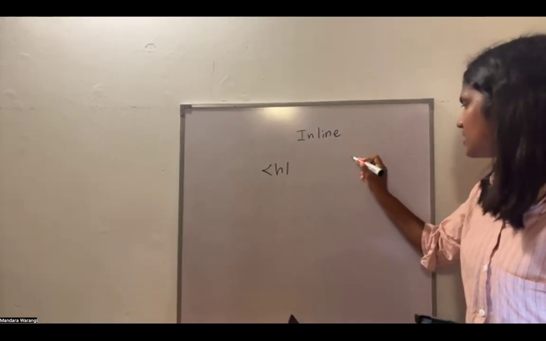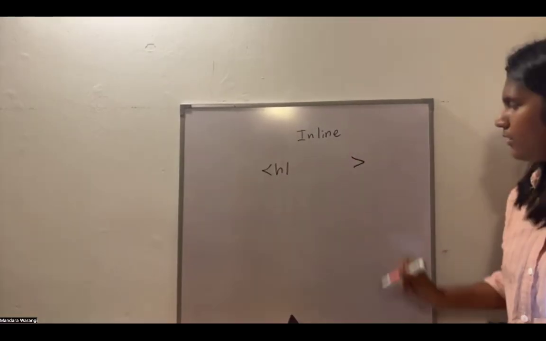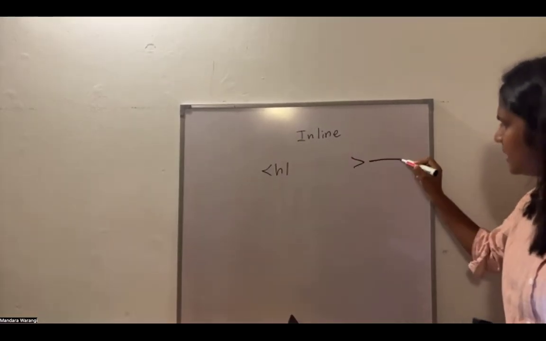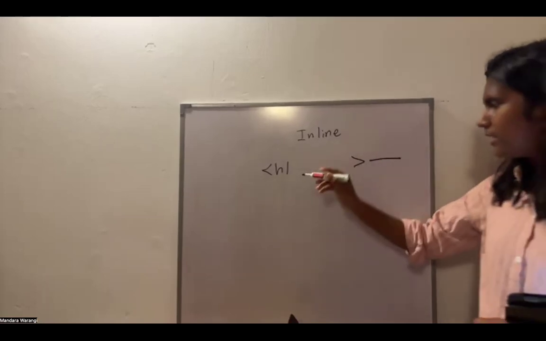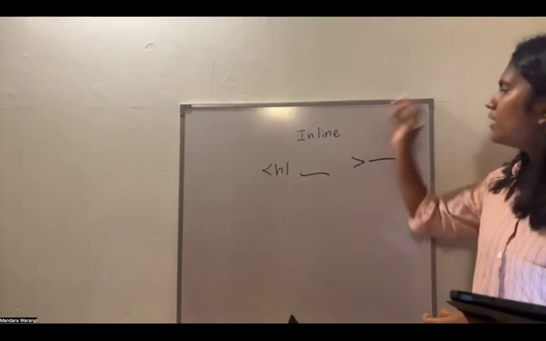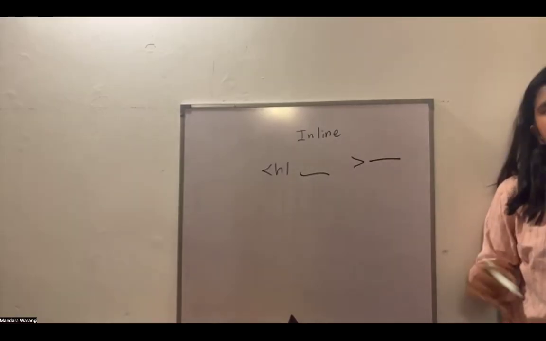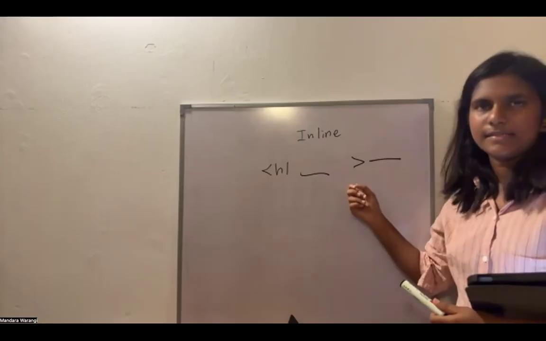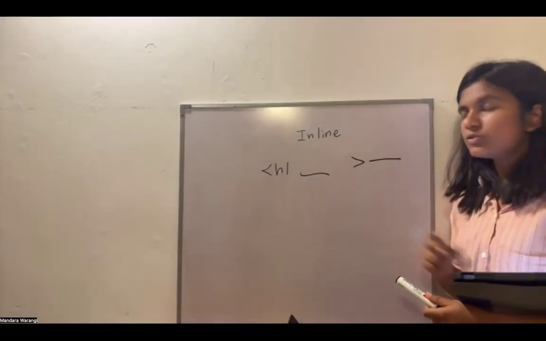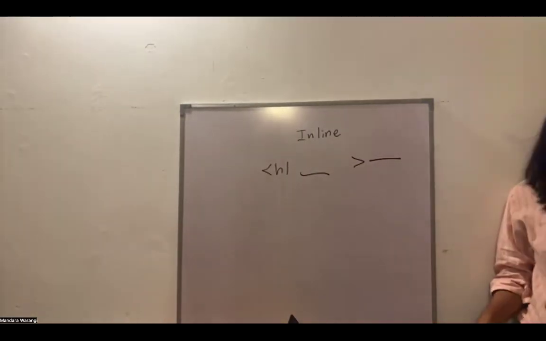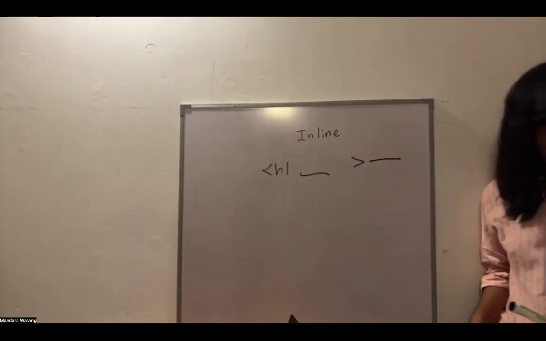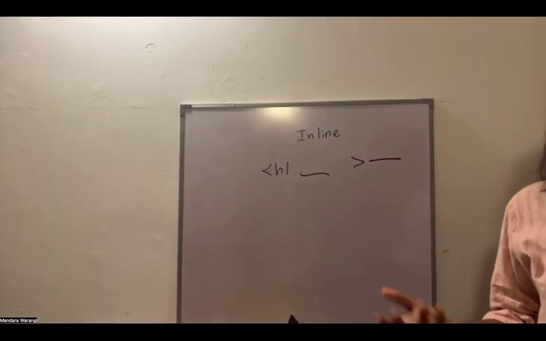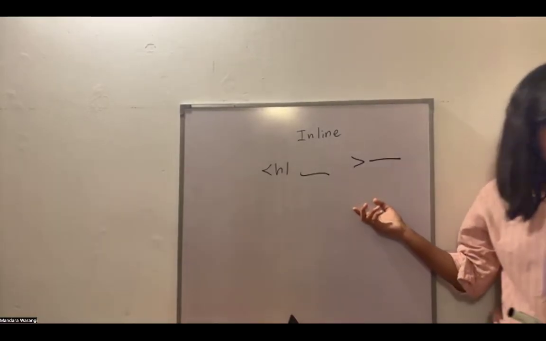If you want to change the color of this text, you only need to change this. You don't need to go to the internal or external CSS and change it. Direct access is possible. Another advantage is that updates are easier.